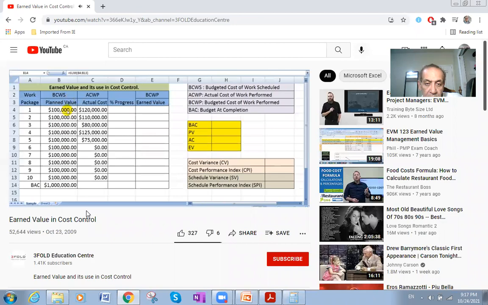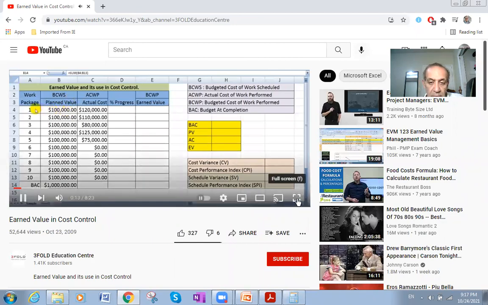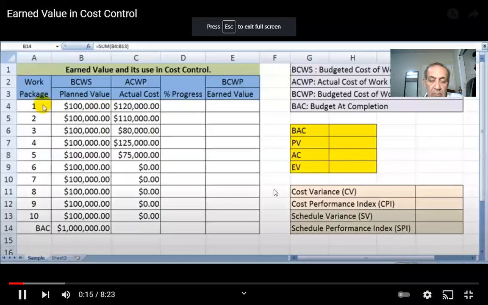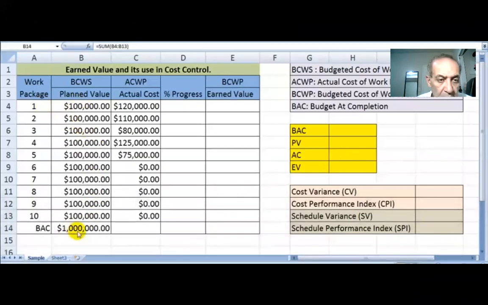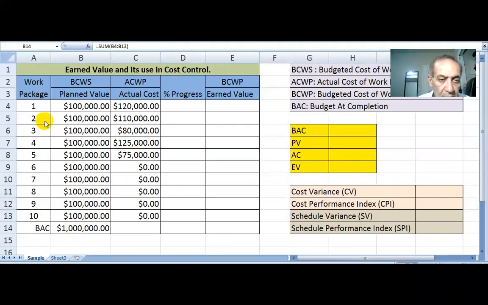Let's take a small example here. We have a project which has 10 work packages, and for better understanding, each work package we budgeted 100,000. So the total budget of the project is 1 million. And let's assume this project is a 10-month duration project where the work is equally distributed. Each month we complete one work package.